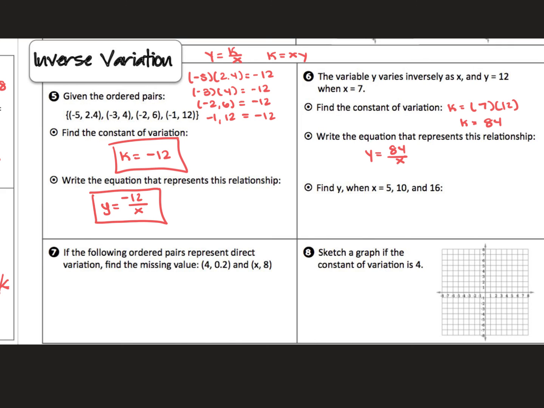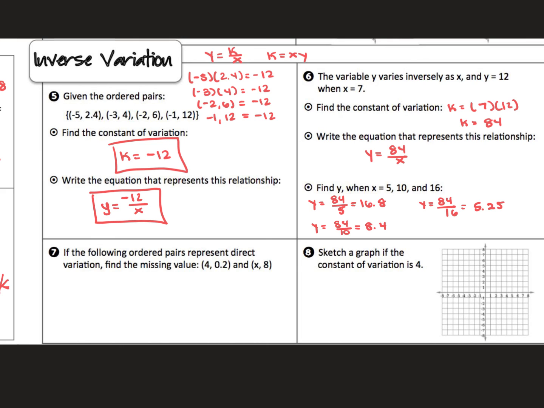Now it is asking us to find y values given our constant k and these x values. So we have y equals 84 over 5, which gives us 16.8. y equals 84 divided by 10, which gives us 8.4. And then y equals 84 divided by 16, which gives us 5.25.